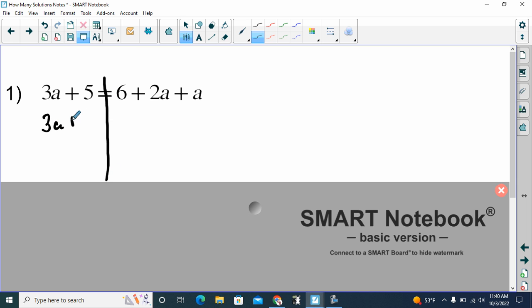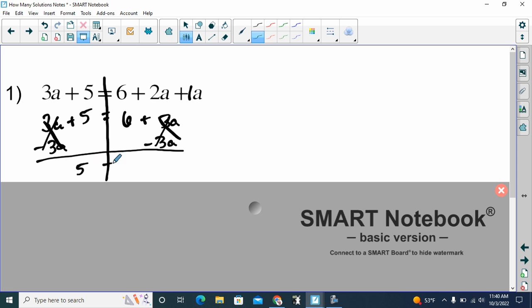I would say 3a plus 5 equals 6 plus 2a and 1a make 3a. Move all your a's over to the same side. Subtract 3a from both sides. Cancels. Cancels. I get 5 equals 6. 5's not equal to 6 ever. No solution.